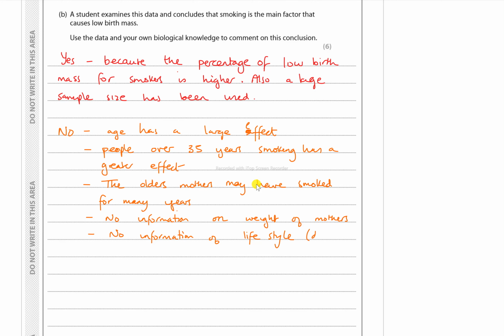For example, drinking, exercise, type of work they were doing, just general diet, etc. There was no information on frequency of smoking. Are they heavy smokers or just casual? On smoking habits.